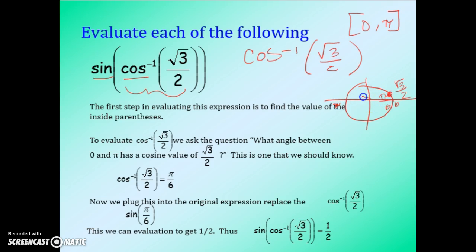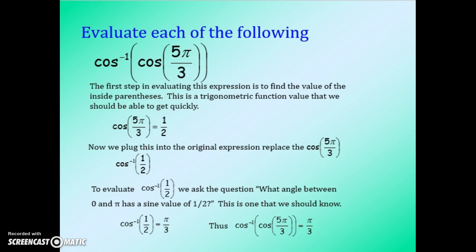Over here at 5 pi over 6, cosine is negative root 3 over 2. So this is the only possible solution. So what's inside equals pi over 6. So now what I need to find is the sine of pi over 6. And that from the unit circle, we remember, is positive 1/2. So these are not difficult questions to answer. We just need to make sure we're careful that we have restricted that domain.